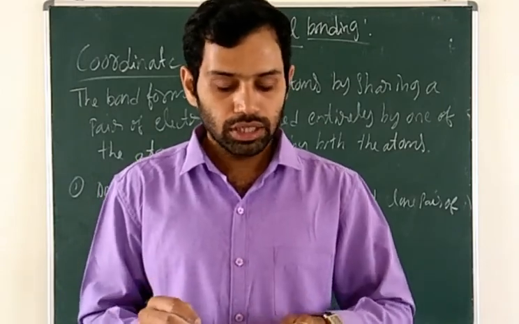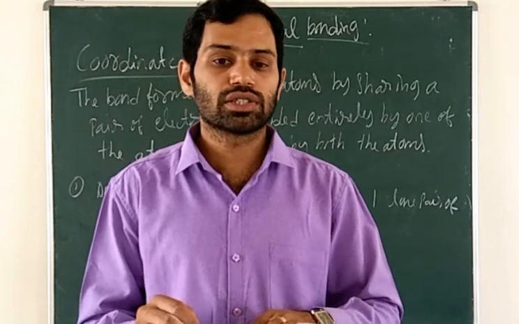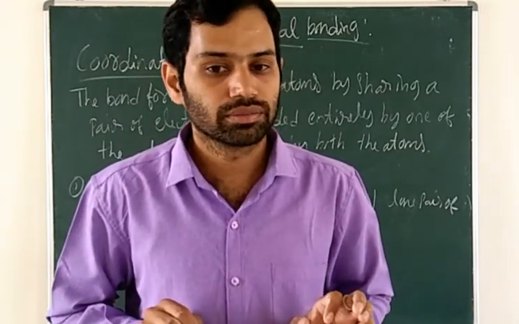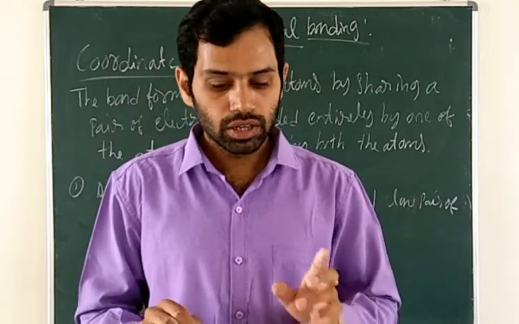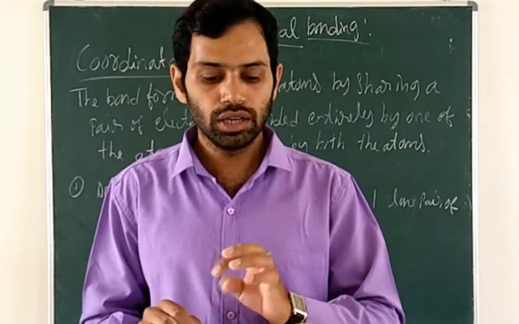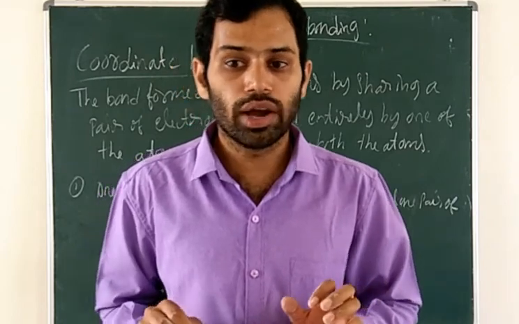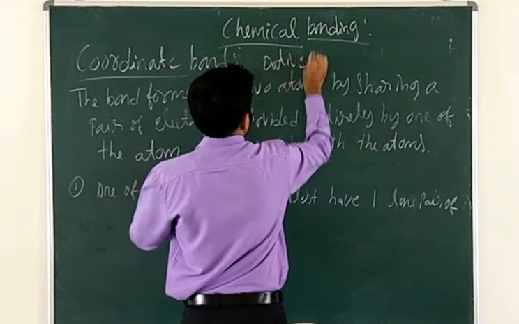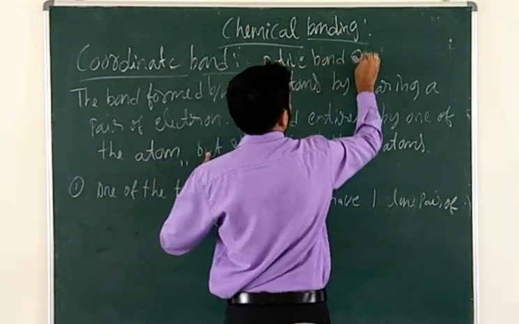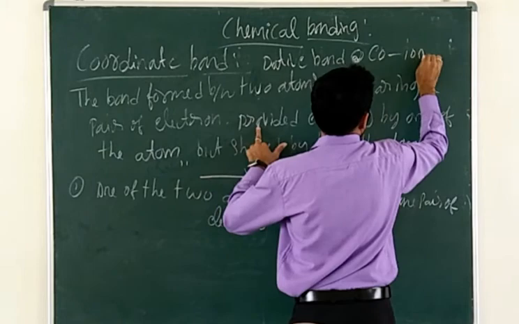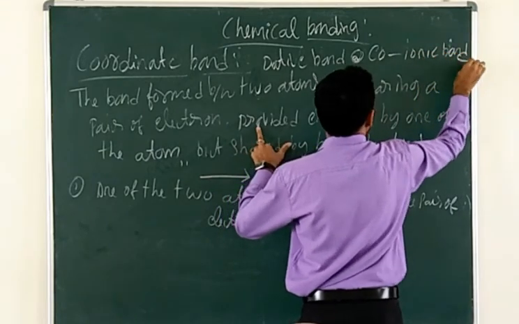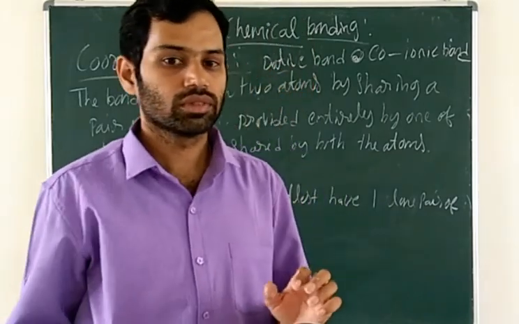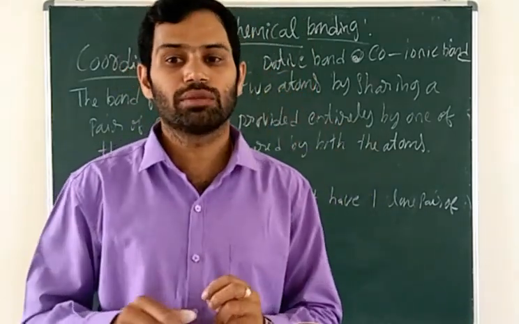Next, the coordinate bond is also called the co-ionic bond or dative bond. Why is it called dative bond or co-ionic bond?